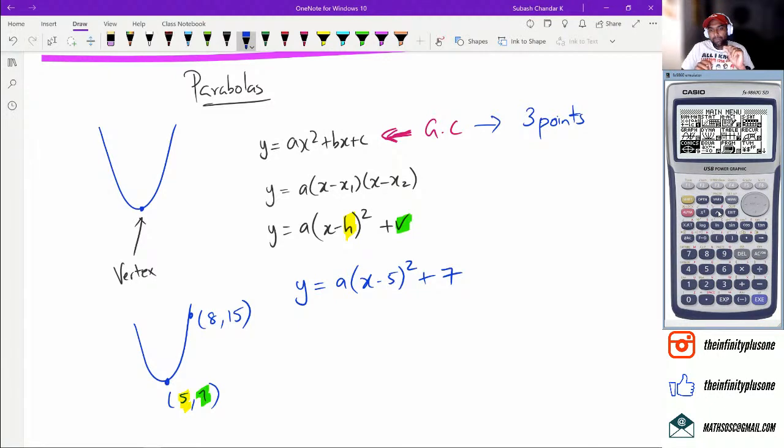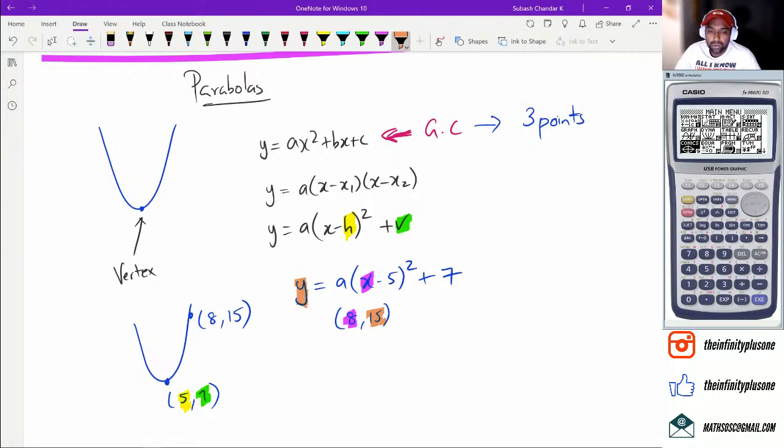At this point, we've got to figure out what the a value is. To figure out the a value, we substitute 8 and 15, where the 8 goes here and the 15 goes here.